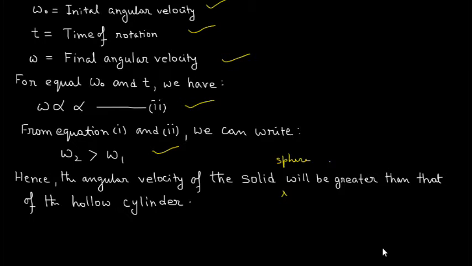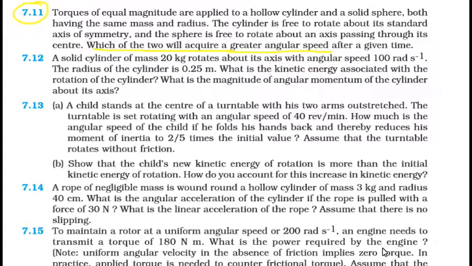So let us move to the next question. Our next question is question number 7.12. The question is: a solid cylinder of mass 20 kg rotates about its axis with angular speed 100 radian per second.